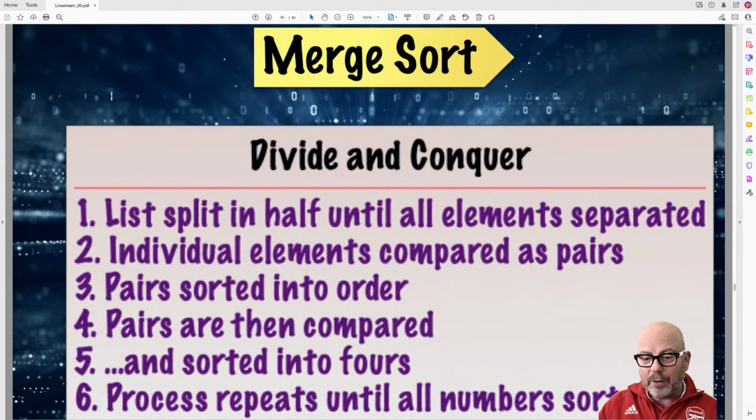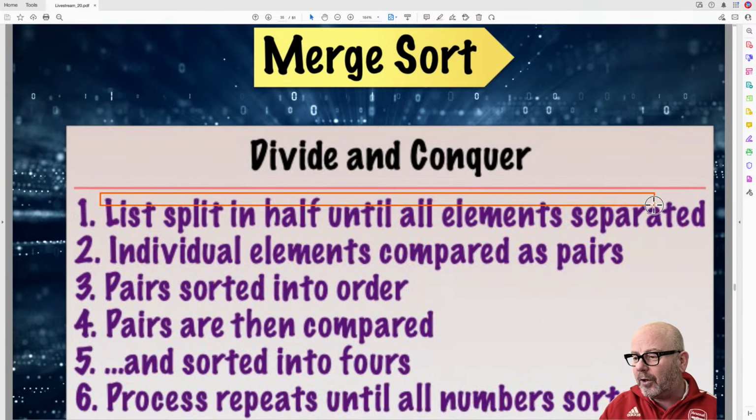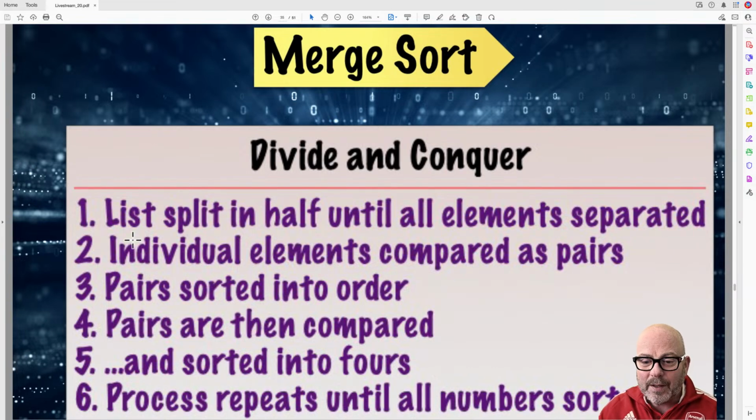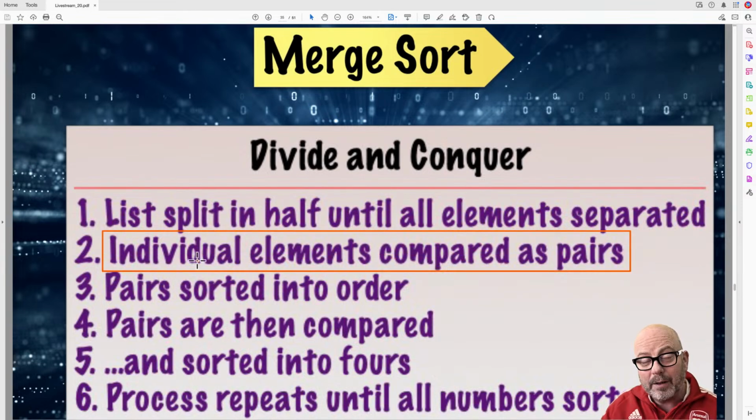So let me run through it, and give me a shout if this makes sense. First step is all of the elements are separated out, okay? You then reform. The first step is you take the individual elements and pair them. So if you've got a 5 and a 4, you would pair them and turn them into 4 5.